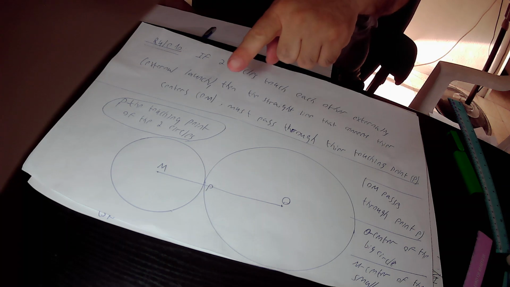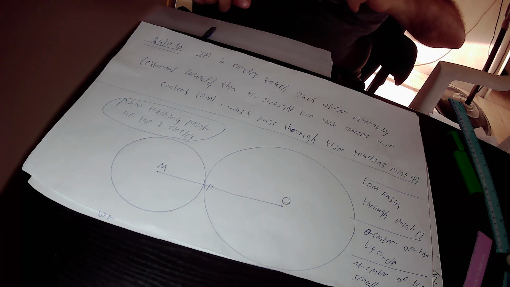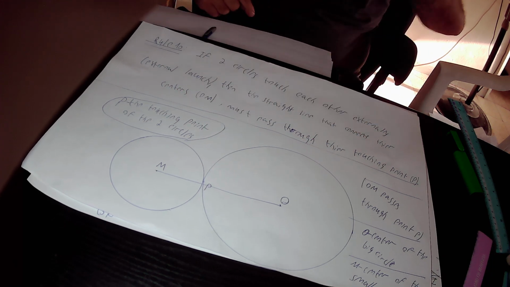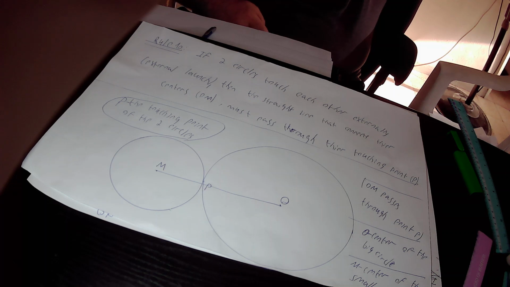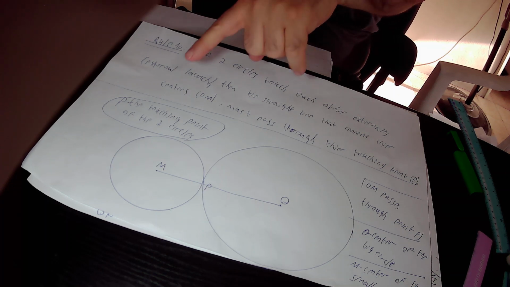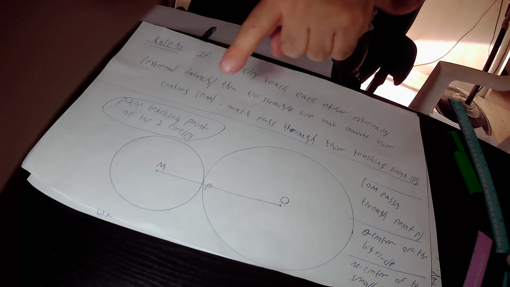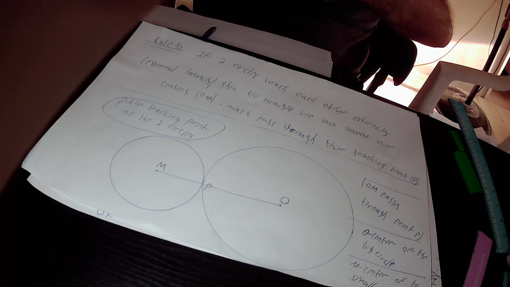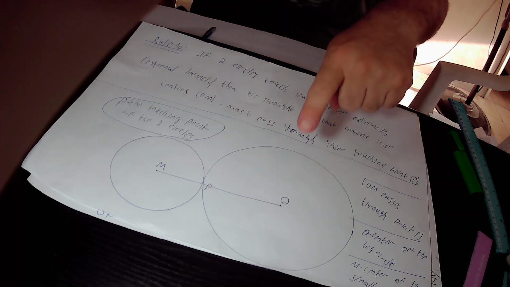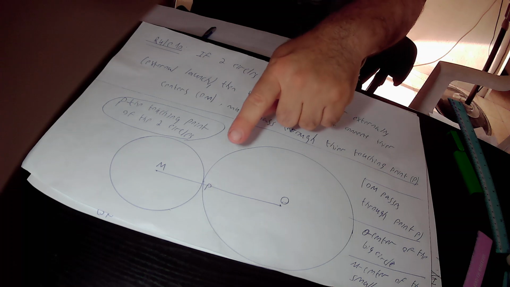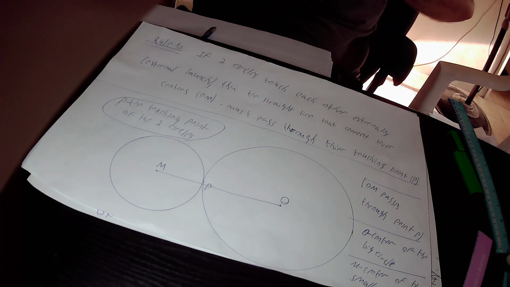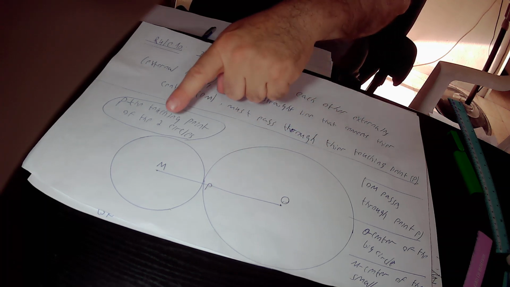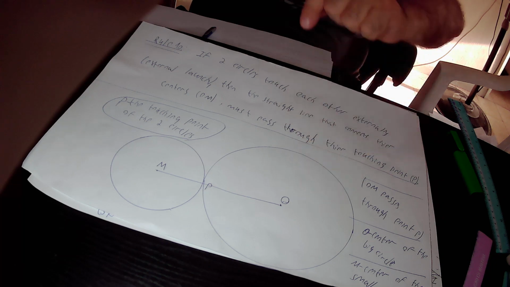In the drawing, we have two circles, and they are touching each other externally in this point P. And according to this rule, Rule 10, the center of this small circle is at point M. The center of this big circle is here at point O. The straight line that connects the centers together is of course the straight line MO. And this straight line MO must pass through point P, that is their touching point. Or MPO is one straight line.